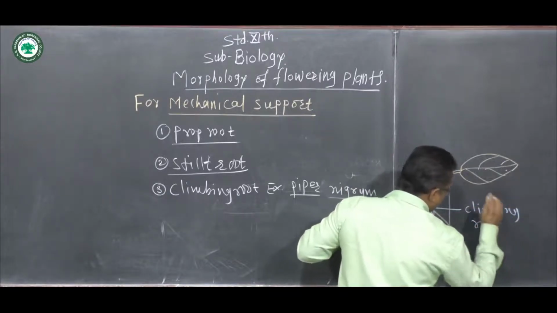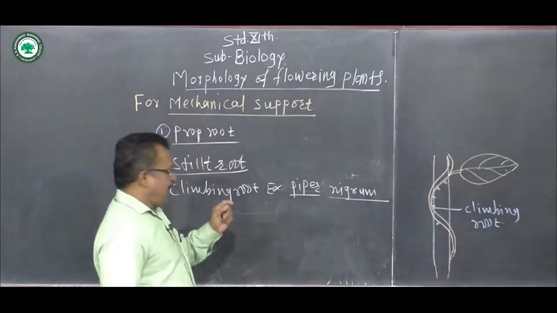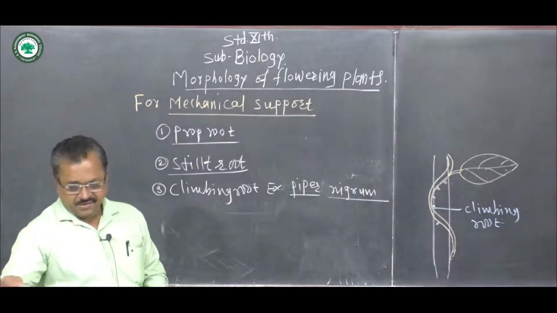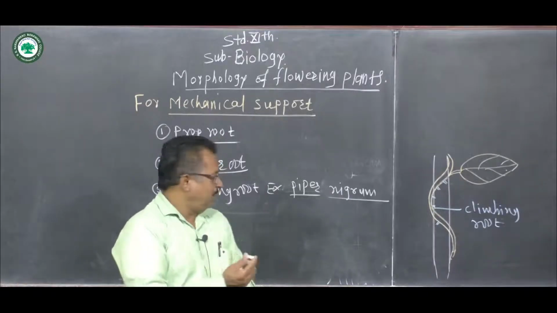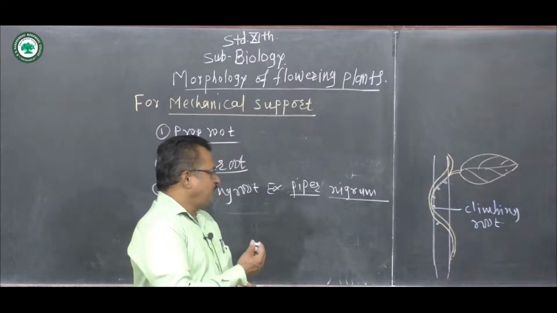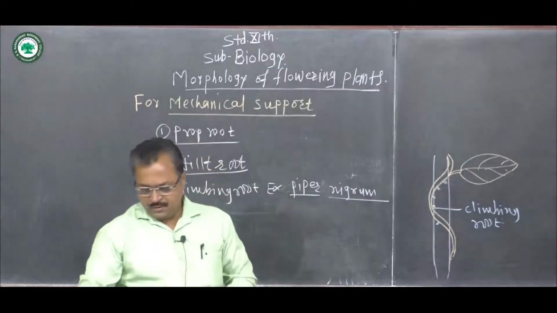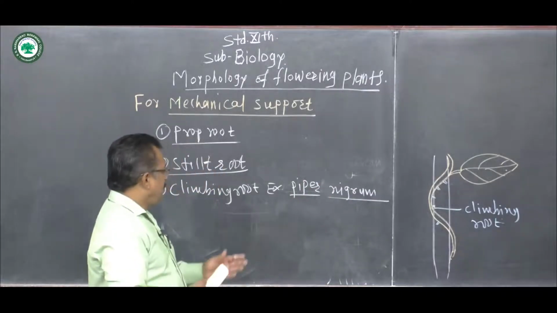Climbing root, Piper nigrum, Kali Mirch. In these plants they develop additional roots for support to grow on other plants.